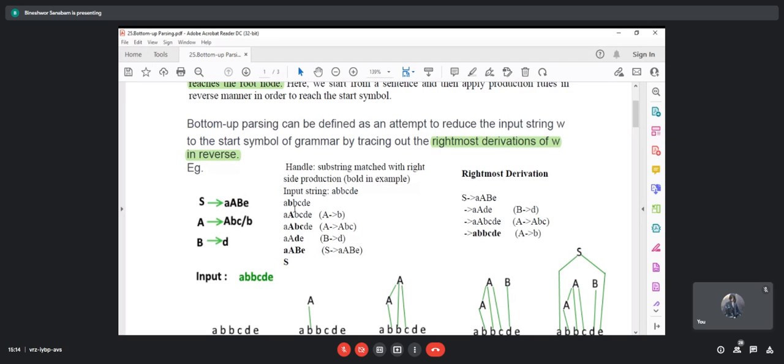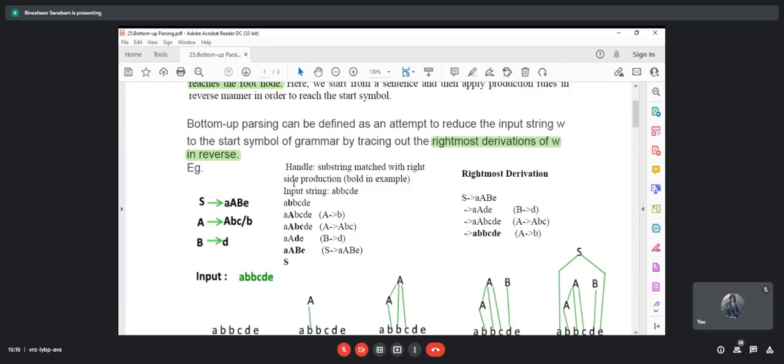So here in the first case, b is our handle, as b can be changed to A using this production. A handle is nothing but the substring matched with the right side of a production. In the first line, b is our handle. In the second, it is abc, then in the third, d. In the last, it's the complete string.